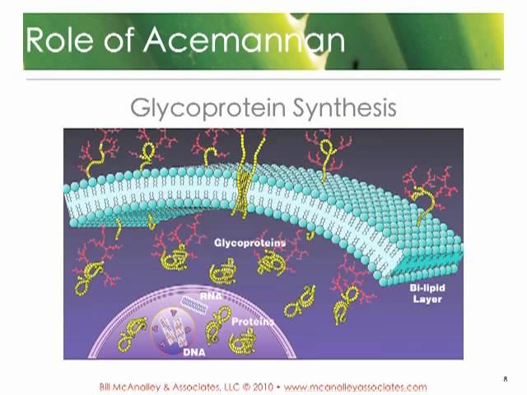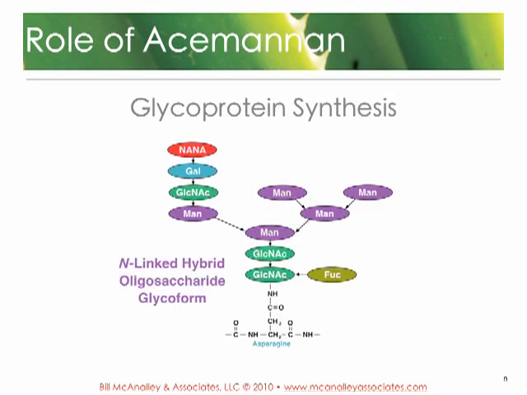This is made in the nucleus and transported to the surface of the cell. Sometimes it's released into the outside of the cell, and this is how cells are able to communicate. This represents a language that cells use to communicate. The language of life is written mainly in monosaccharides.